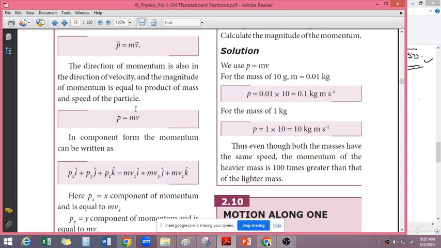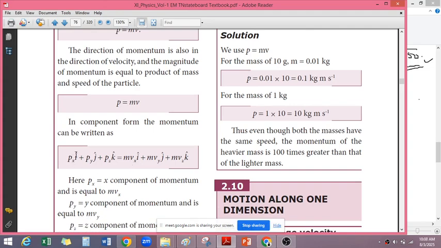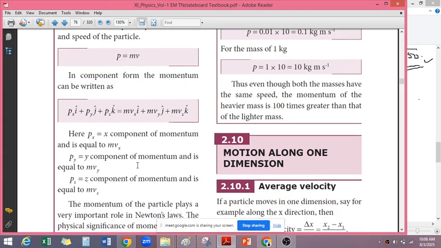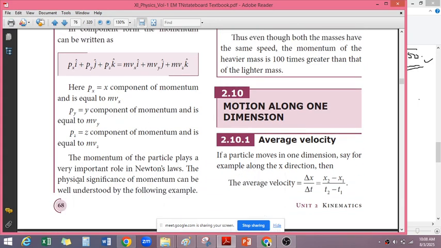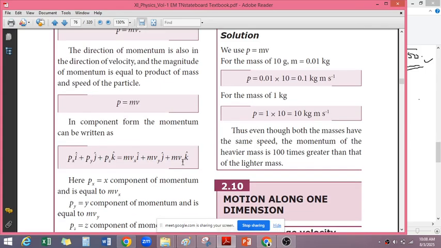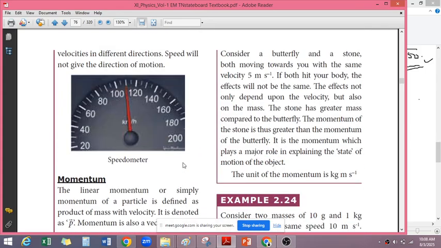And this p is small p, not capital P. Capital P means pressure, so you should not confuse this with pressure. And in the ijk form, you will write it as mvx, mvy, mvz. We call those the x component, y component, z component. So nothing very difficult there. Mass into velocity is your momentum.